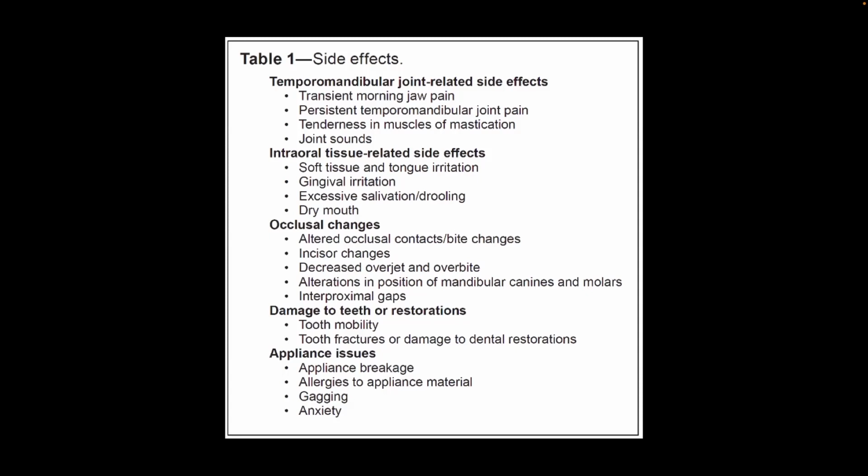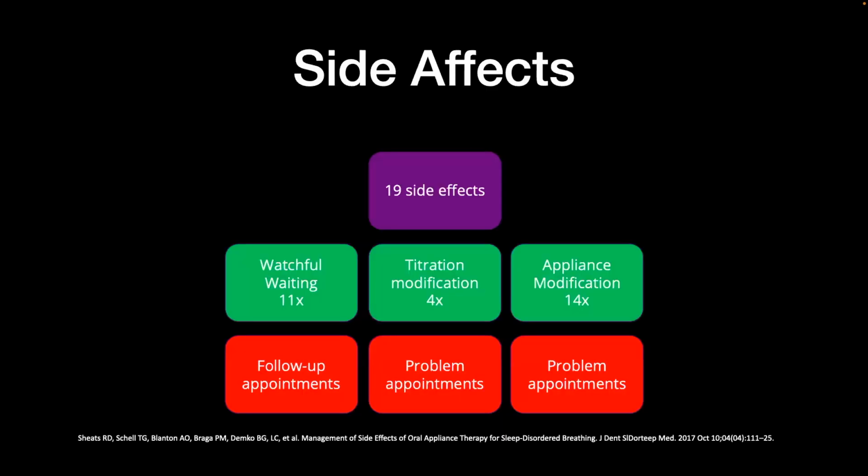And when we go into the details of appliance design, when you look at certain appliances, they look at all of these things and try to mitigate or minimize potential occlusal changes. We're talking about bite changes, incisor changes, decreased overjet and overbite, and then interproximal gaps as well. So all of that's interrelated, and I'll hopefully touch on each of those as we go through.